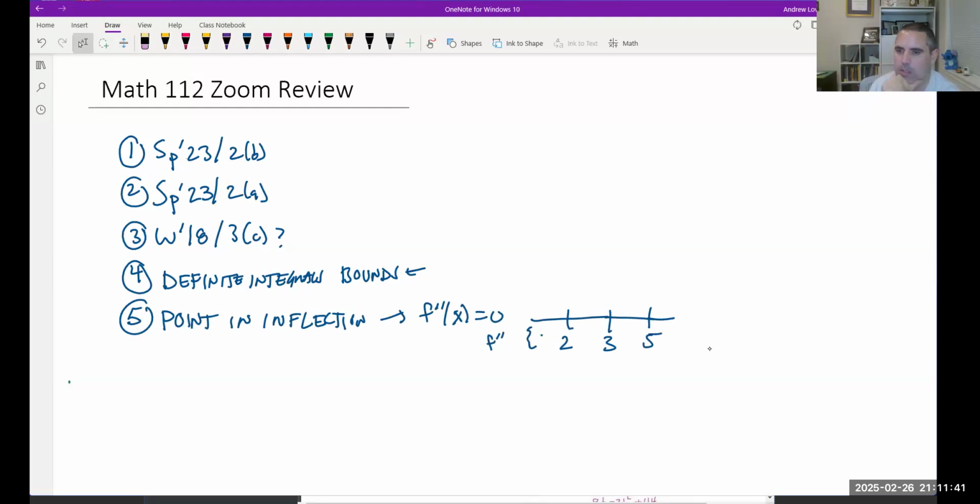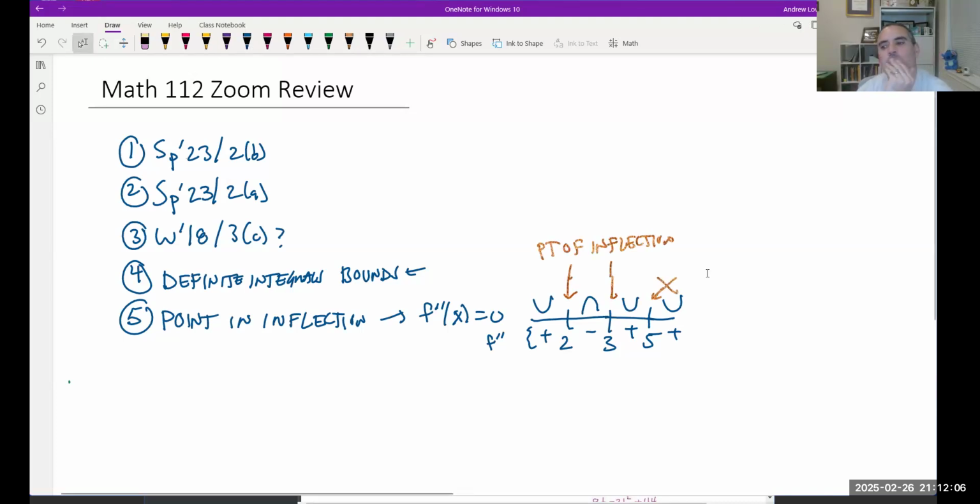So if you went positive, negative, positive, positive, concave up, concave down, concave up, concave up, which technically can happen, we wouldn't call 5 a point of inflection. This is just to answer a private question about this. We wouldn't say this is a point of inflection because technically it didn't change there. But let's try to find one of those questions in a bit.